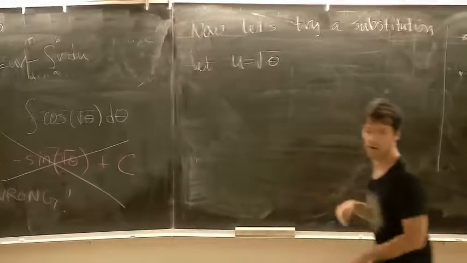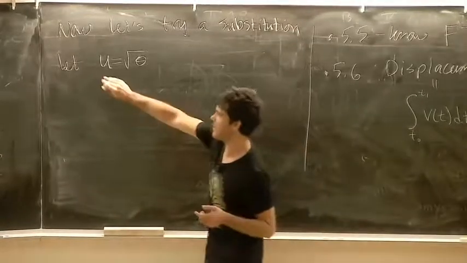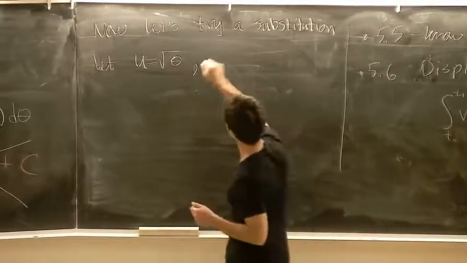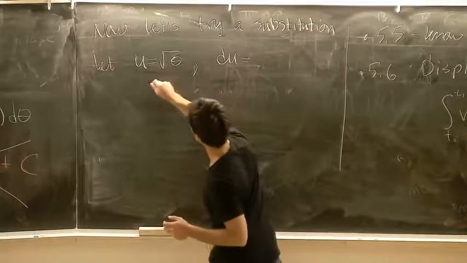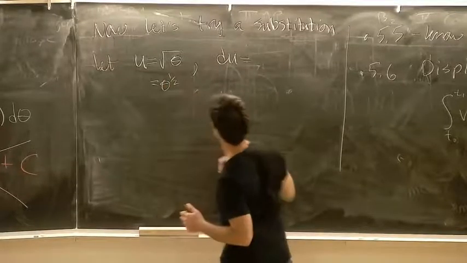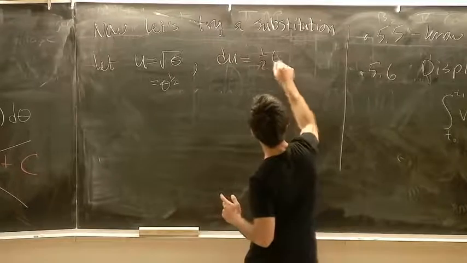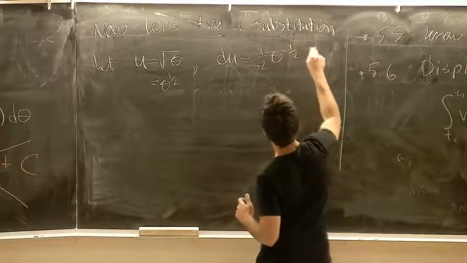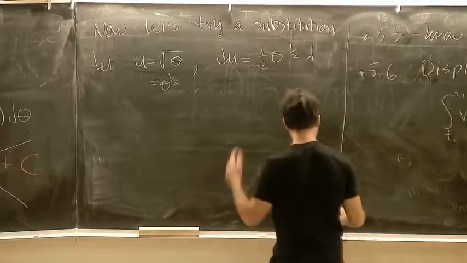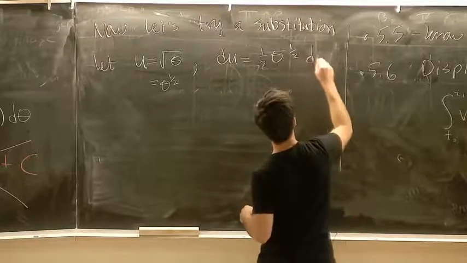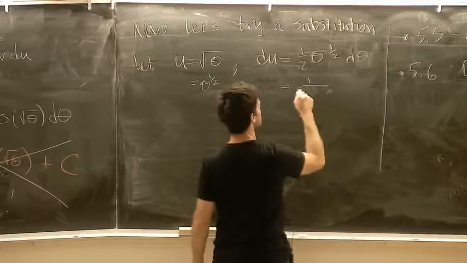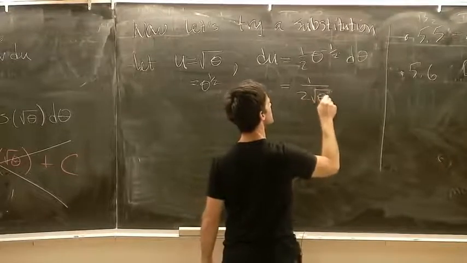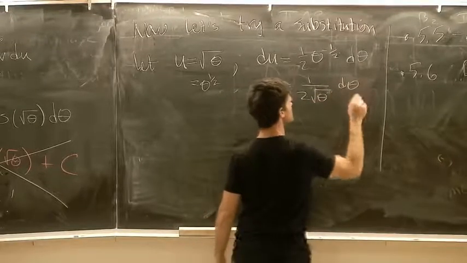Hopefully you're used to this now: as soon as you write down what u is, calculate what du is. Since root theta is the same as theta to the 1/2, I'll get 1/2 theta to the negative 1/2 d theta. That's the same as 1/2 root theta d theta.